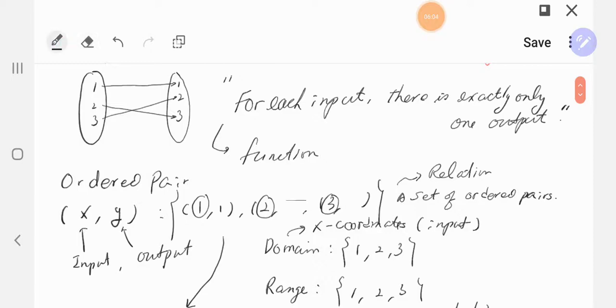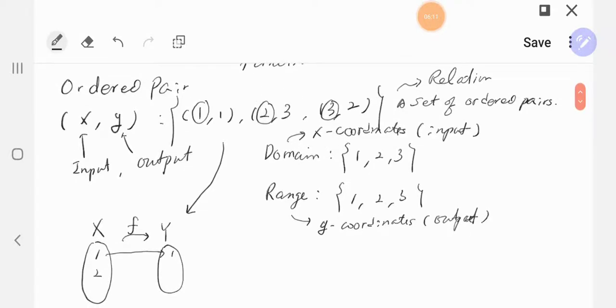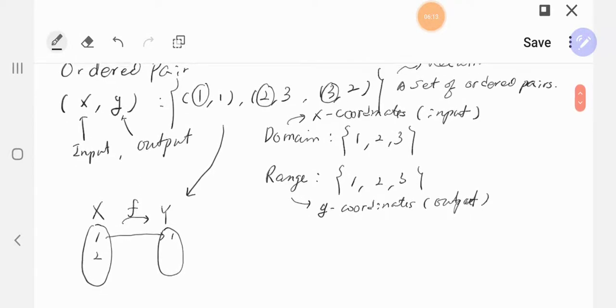And 3 matches to 2. So instead of ordered pairs, we can draw a little diagram.